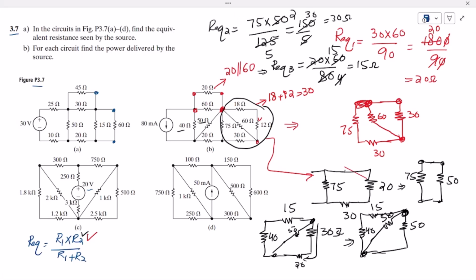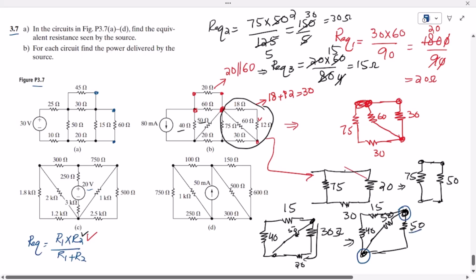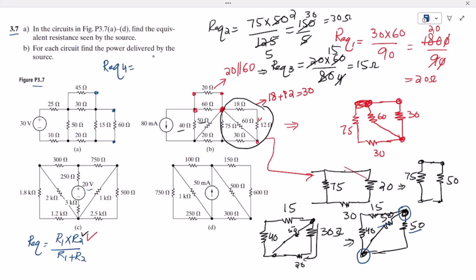So the two ends of these two resistors, 50 and 50, are basically connected directly with each other, so these are in parallel with each other. So once you find the equivalent of two same resistances connected in parallel, it will be half of any one of them. You can also use the formula here, so let me prove it here as well. Let me call our equivalent 4.